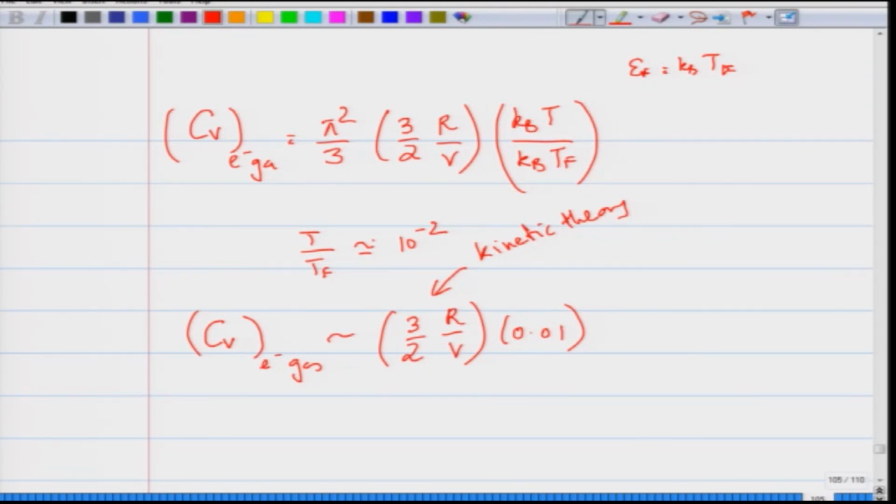It will bring down the value by 0.01 compared to the kinetic theory of gases.